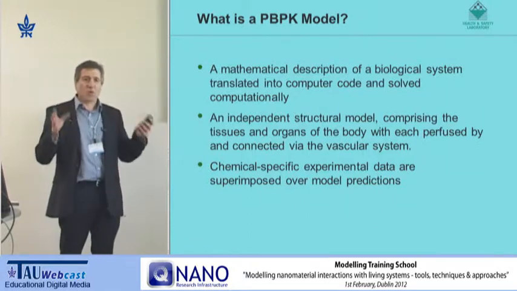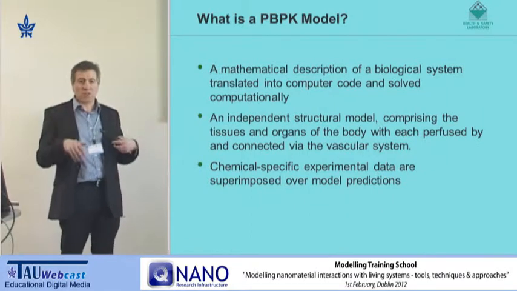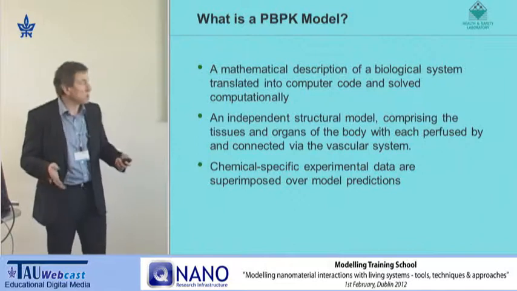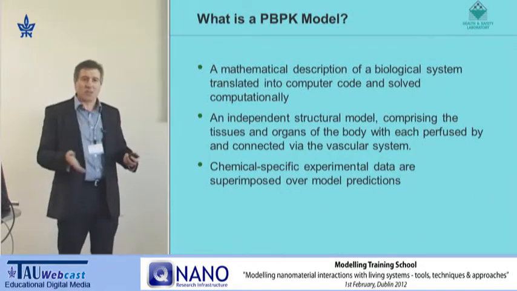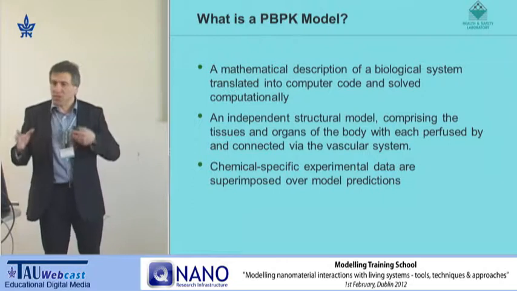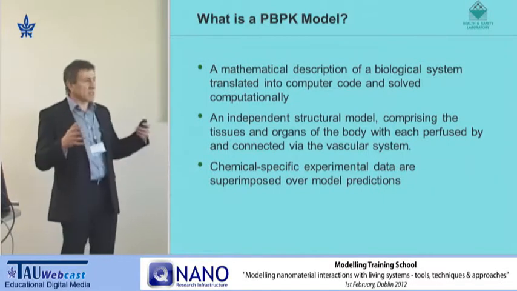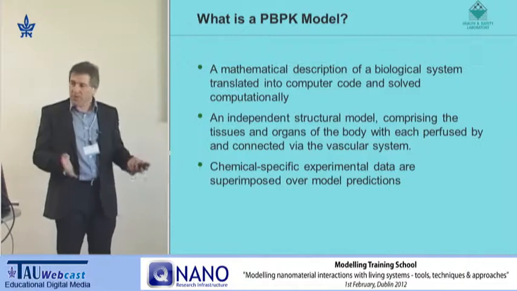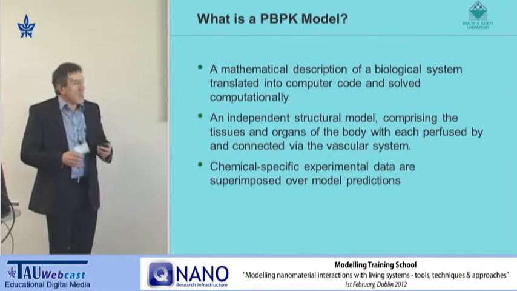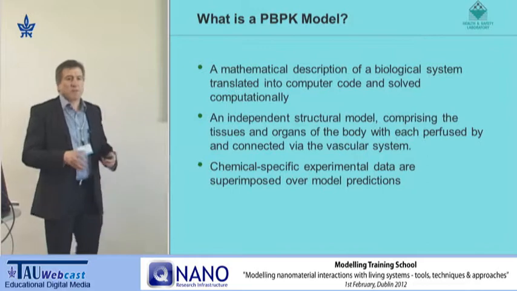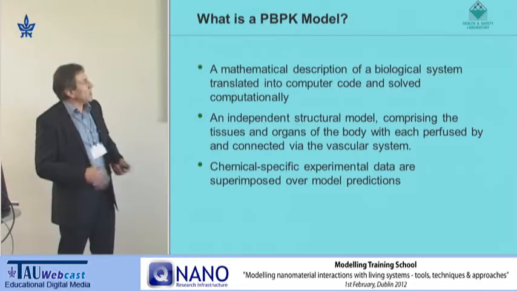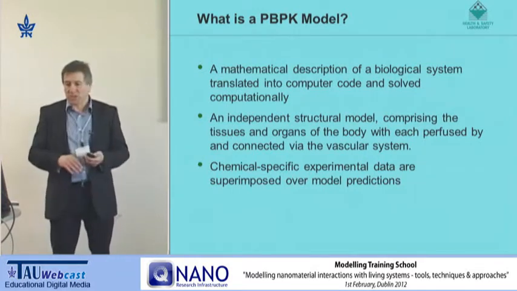Basically, we describe all the organs and tissues in the body that we believe are important in understanding where and how fast chemicals and particles distribute around the body. And they're all connected correctly by the vascular system. And we have to generate chemical-specific information, which we superimpose over model predictions.